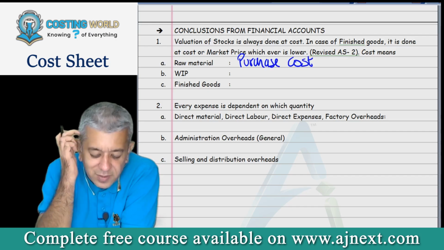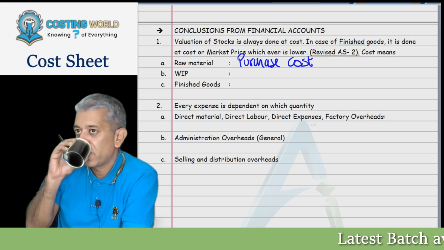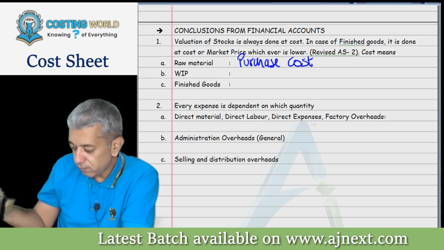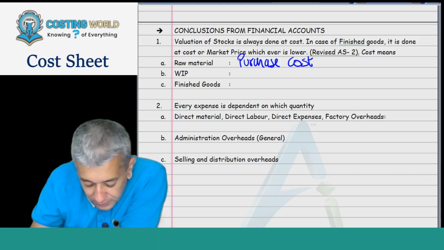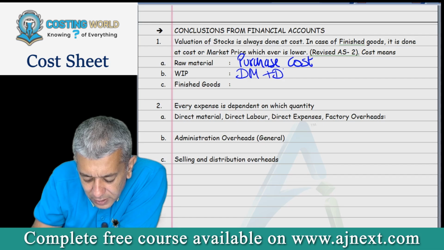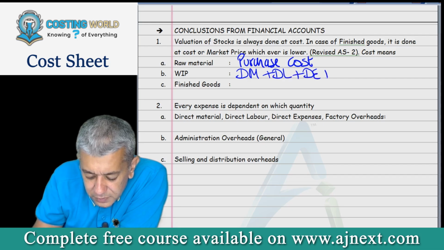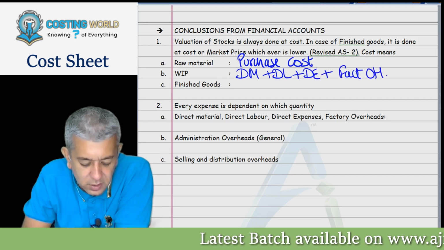Raw material stock gets valued at purchase cost. Then WIP stock gets valued at cost. In cost you have direct material, direct labor, direct expenses and factory overheads.